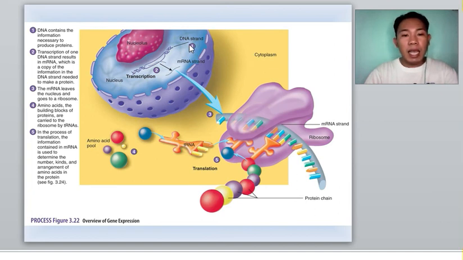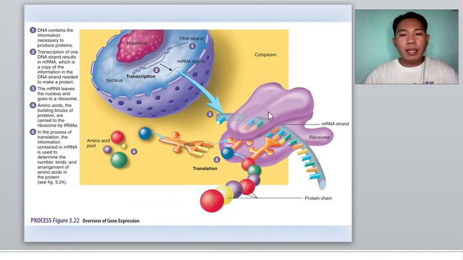This DNA undergoes transcription and results in an mRNA, or messenger RNA, strand, which will be transported through the nuclear pore going to the cytoplasm and will undergo translation.